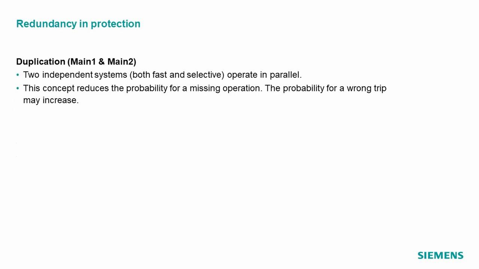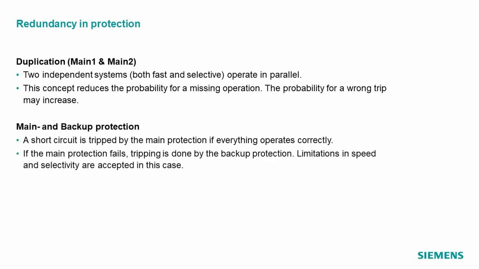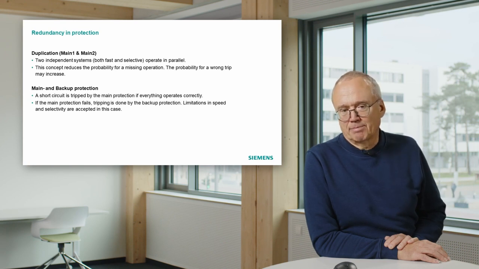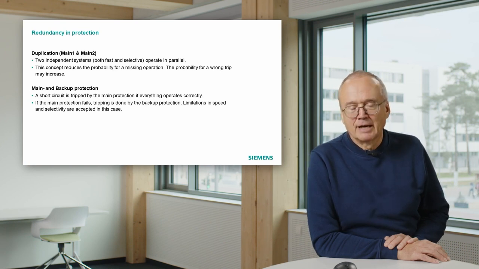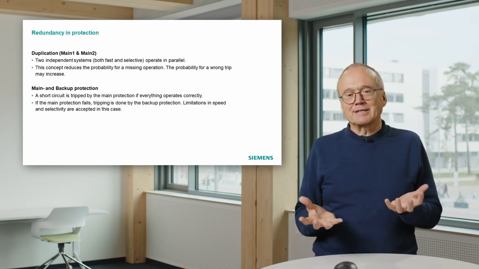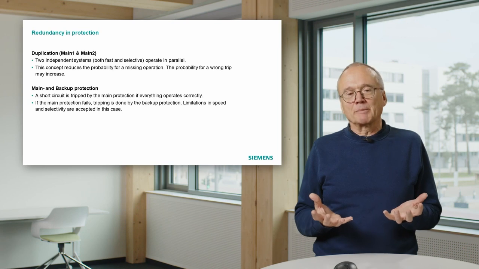Here you see again the comparison. Duplication means two independent systems operate in parallel, and the other one was main and backup protection. And there we accept some limitations in speed and selectivity in case of the backup situation. And also here you can again see that it is the economic constraints.